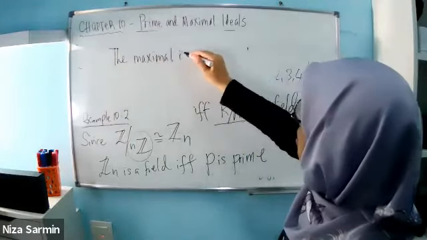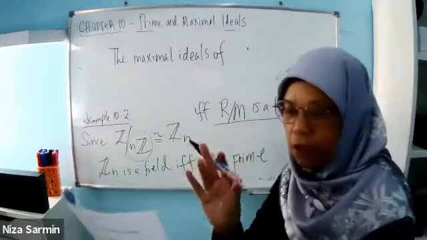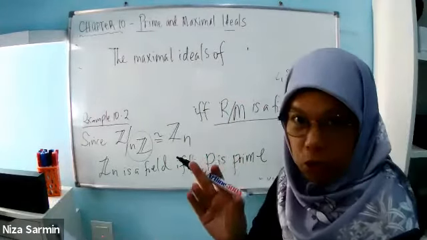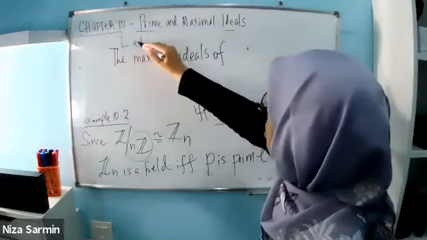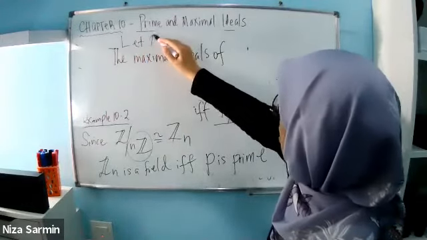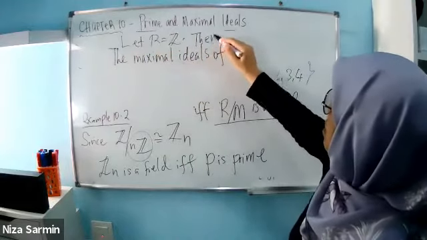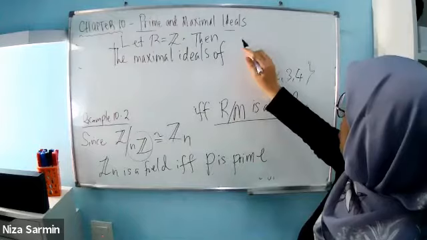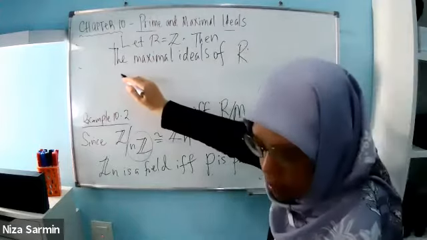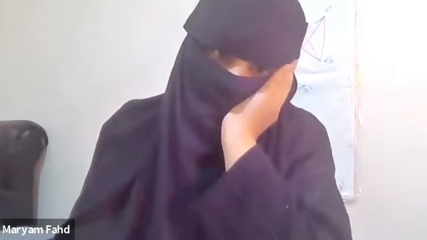If I change the example to a proposition, I will write like this. Let R be Z. Then the maximal ideals of R are pZ, p prime.